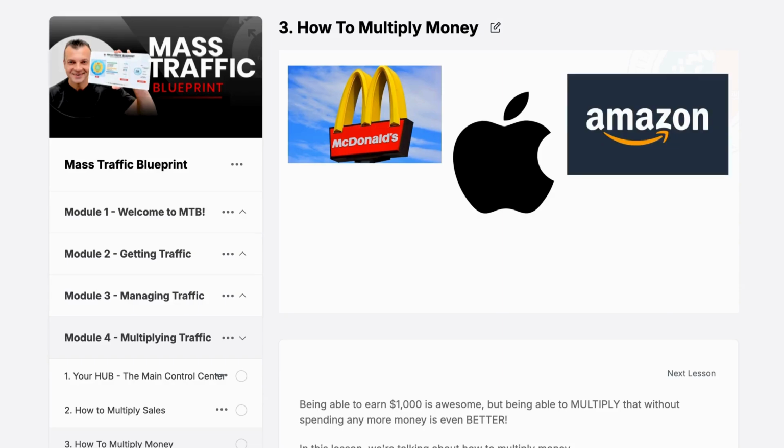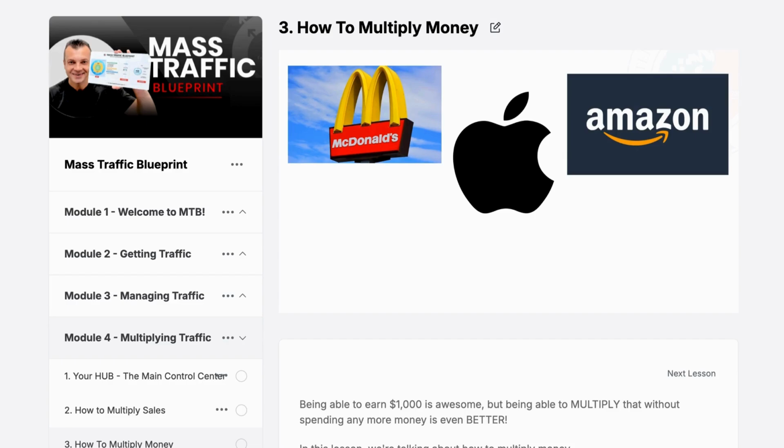Make sense? Now, think of this company, Amazon. Have you ever shopped on Amazon? What happens when you buy something on Amazon and you're about to check out? They say, "Hey, customers that purchased this also bought this." And then they show you different items that are related to the main purchase. You know what I'm talking about? Now keep that in mind.